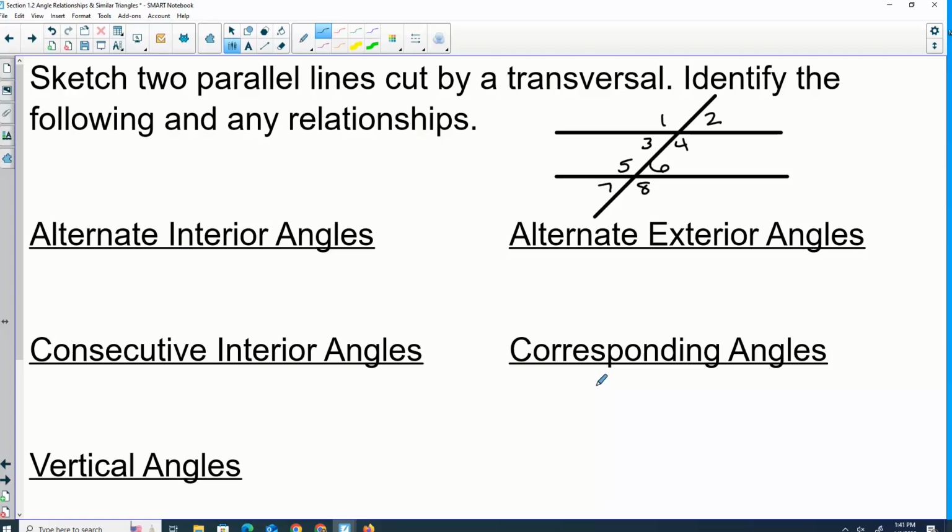Do you remember what alternate interior angles are? So, 4 and 5, right? Opposite sides of the transversal in between the parallel lines. So angle 4 and angle 5. Any others?